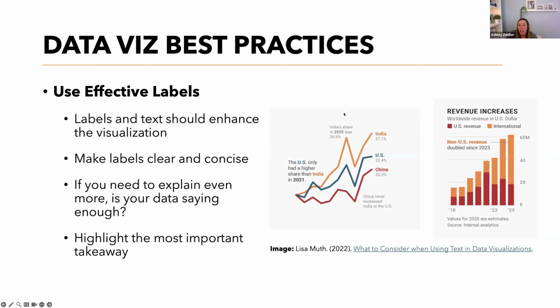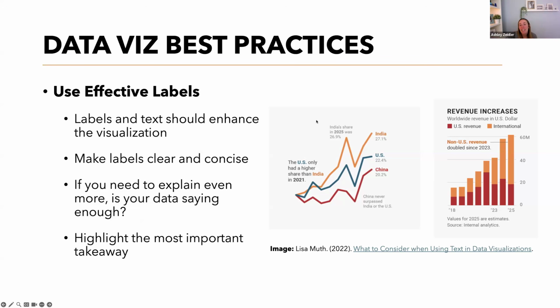And then using effective labels. This one is extremely important, I found, when, again, trying to find examples. You really do find the spectrum of data visualizations out there, from very good to not great at all.